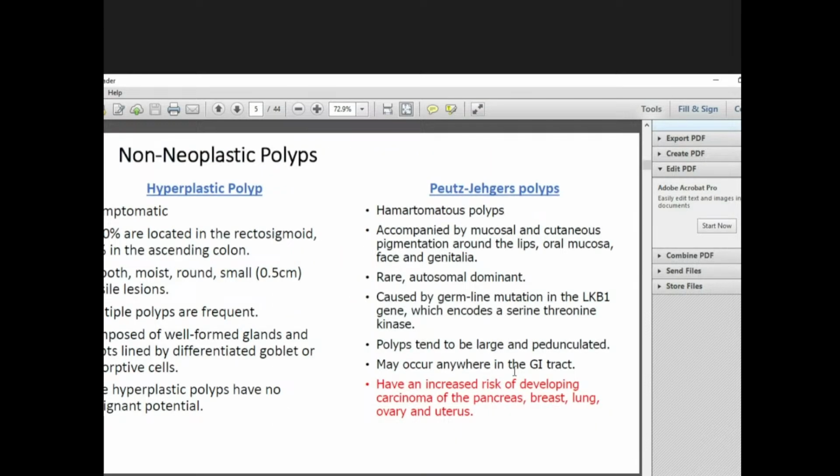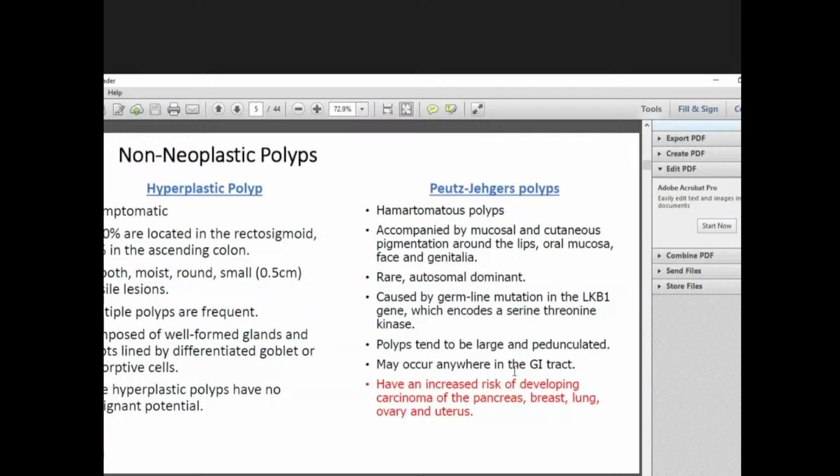Okay, so we are going to talk about two different types of polyps, the non-neoplastic polyps, which are common: the hyperplastic polyp and the Peutz-Jeghers polyp. Hyperplastic polyp, as its name implies, is just a hyperplasia of the normal colonic mucosa.